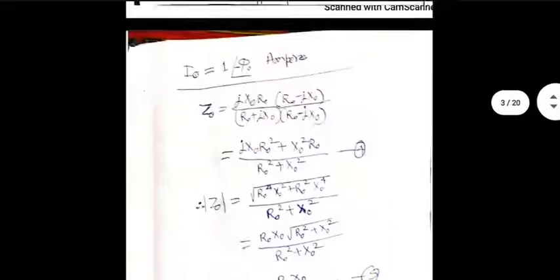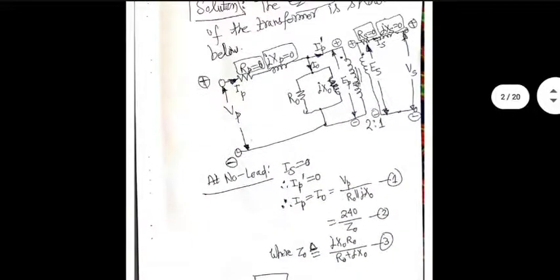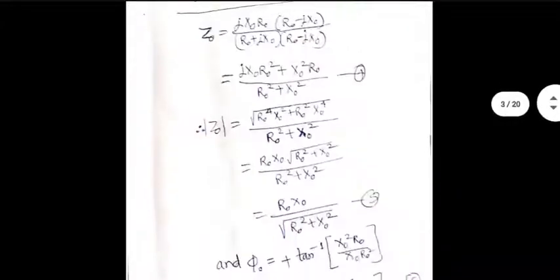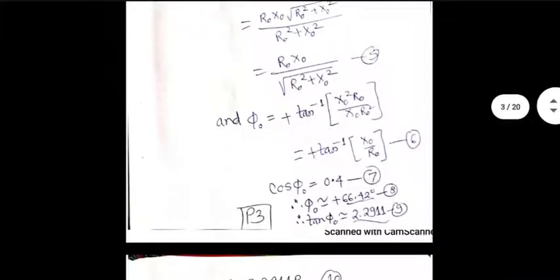See, your objective is to figure out the values of R0 and X0. No load test is designed to help you in experimentally figuring out the equivalent circuit parameters R0 and X0. That's what we are trying to do here. So one equation is derived from the fact that cos phi naught is given.